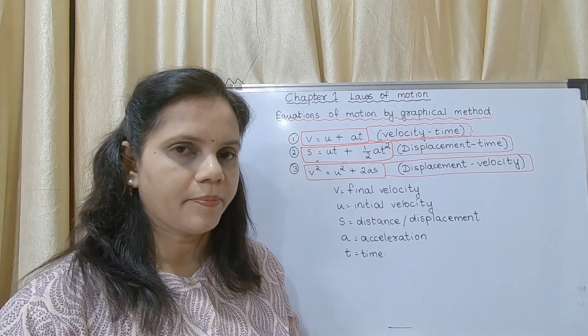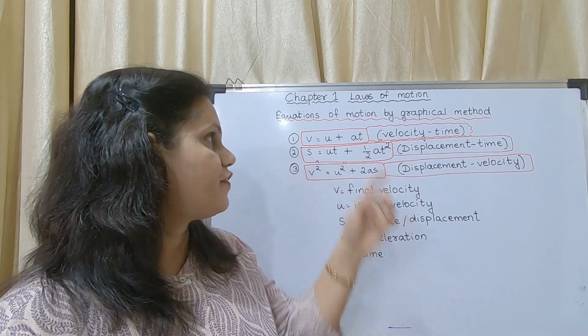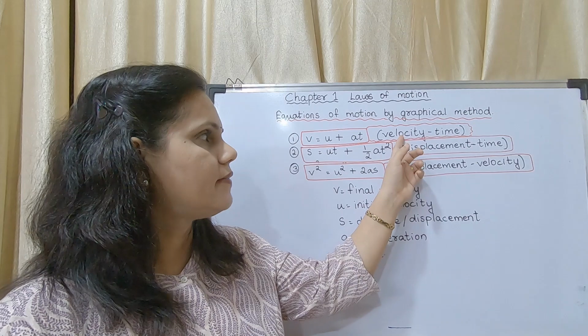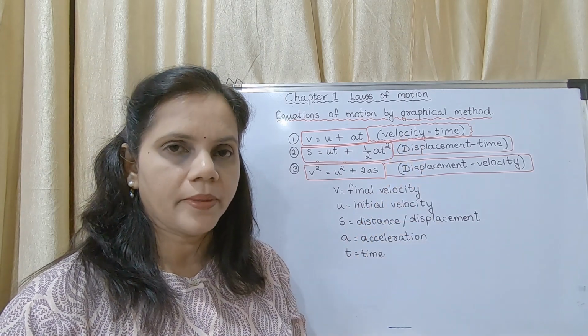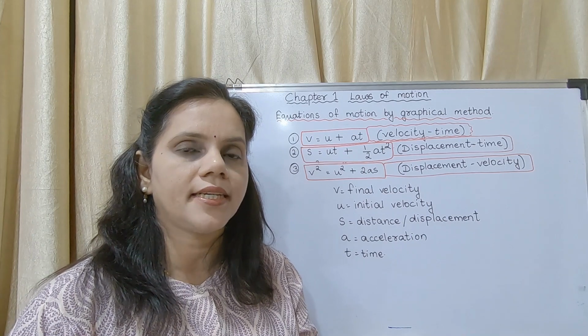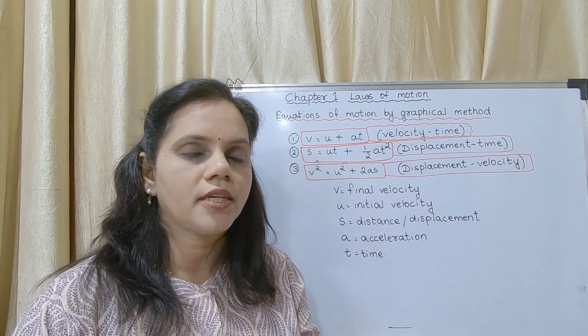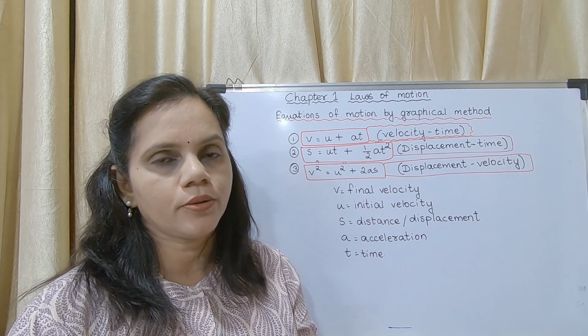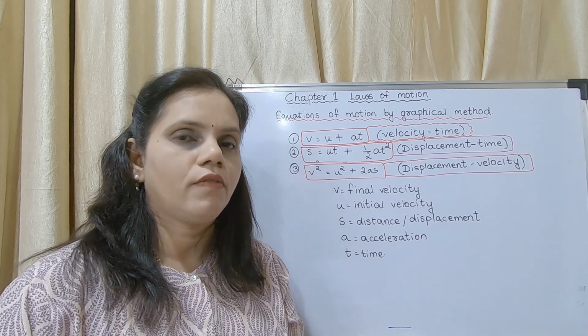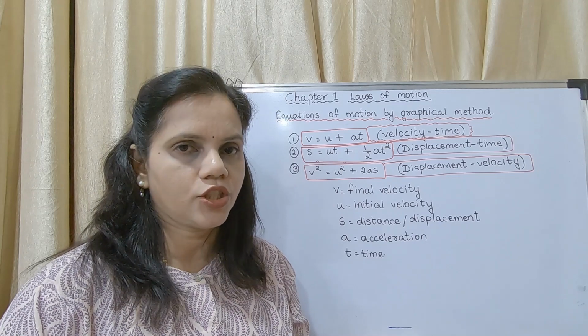In this, the first equation, that is v is equal to u plus at, is a velocity time relationship. The question could be: derive an equation showing velocity time relationship. They won't give you derive v is equal to u plus at.